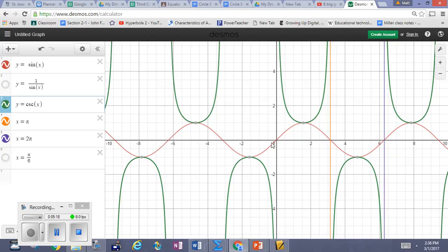So the beginning, middle, and end of the sine function define where the asymptotes are, or where the cosecant is undefined. Again, the intercepts of the sine, where the sine is equal to 0, are analogous to the values for which the cosecant is undefined.